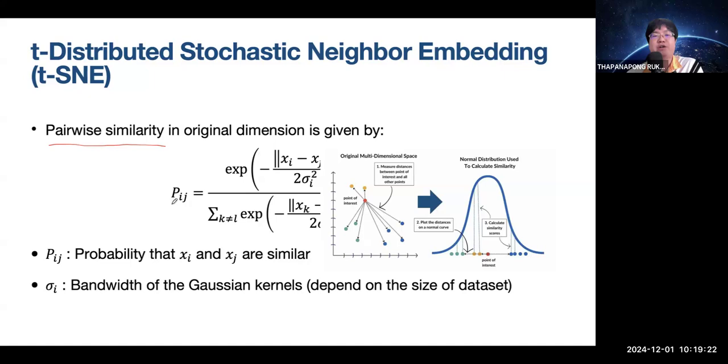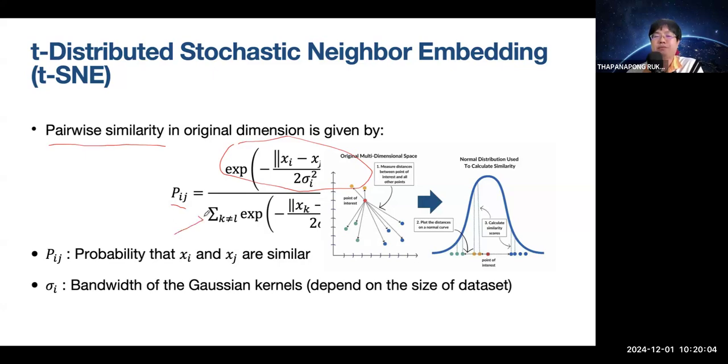Pij here is the probability that xi and xj are similar. The way you do it, you look at the top one: you find the distance between xi and xj, and then you plug it into the Gaussian kernel. So it's e to the minus the squared distance divided by 2 sigma squared. That is the equation for the Gaussian distribution, and that will be your similarity score.